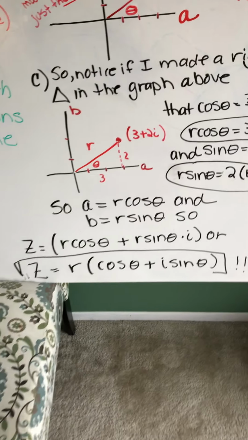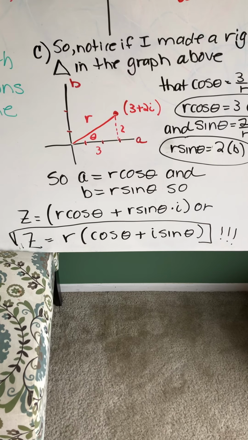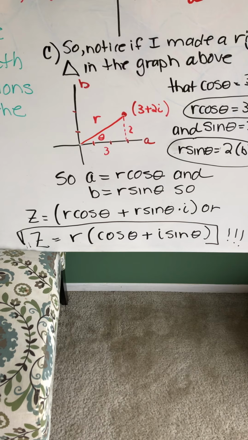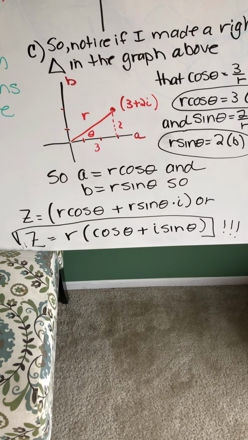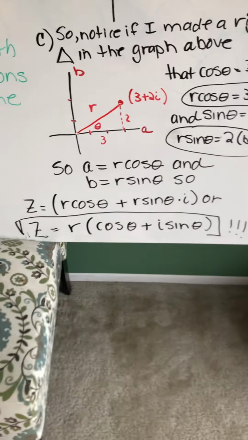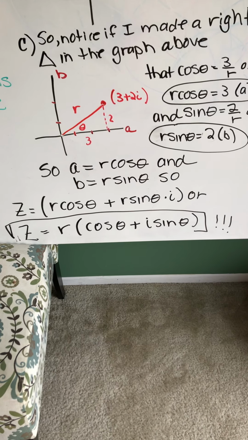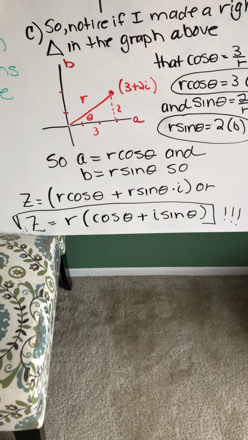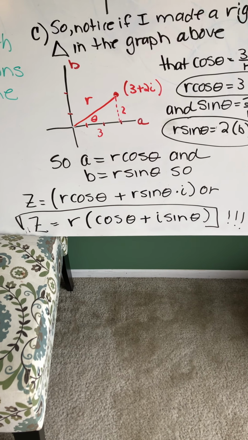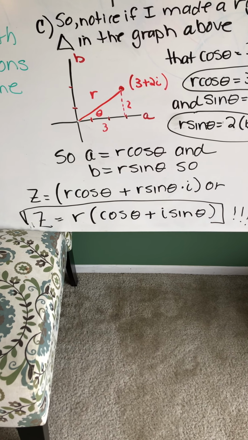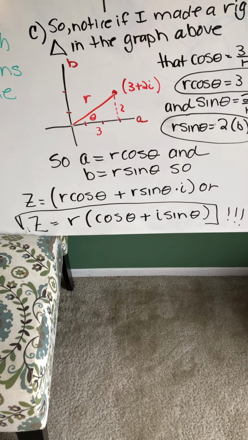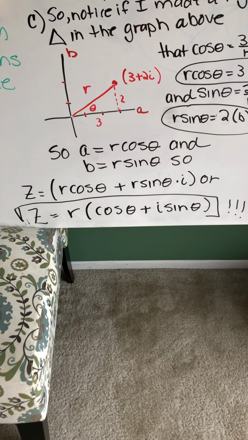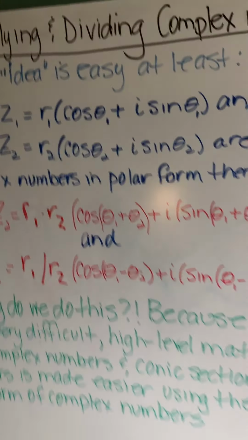Z, which is a complex number, is r cosine of theta plus r sine of theta times i. Notice at the very bottom in the box with the exclamation points, all I did was see that r, which is the modulus, is a greatest common factor, and I pulled it out. And that is the polar form of a complex number. That's where it came from.